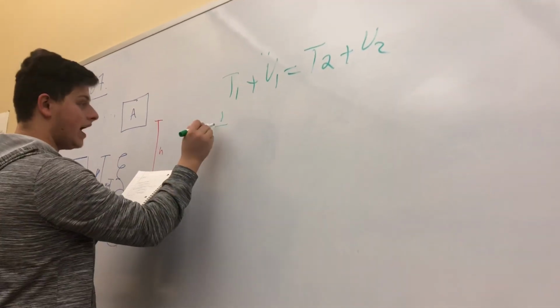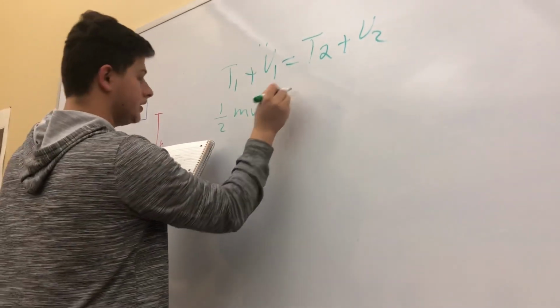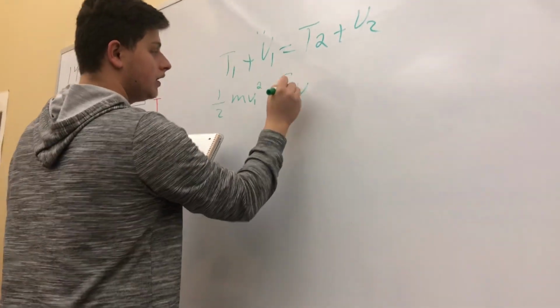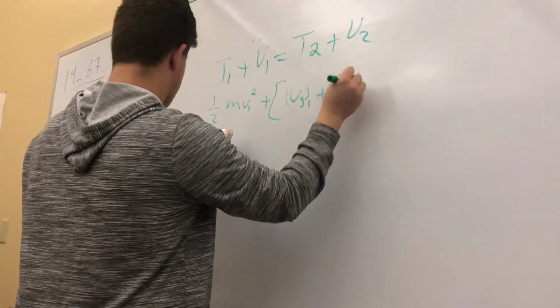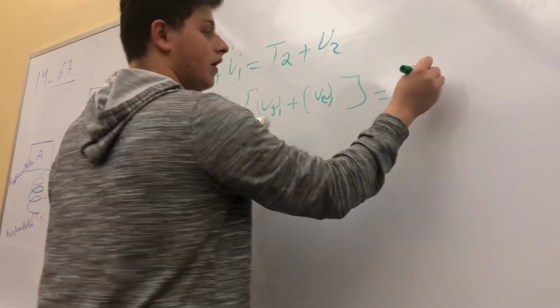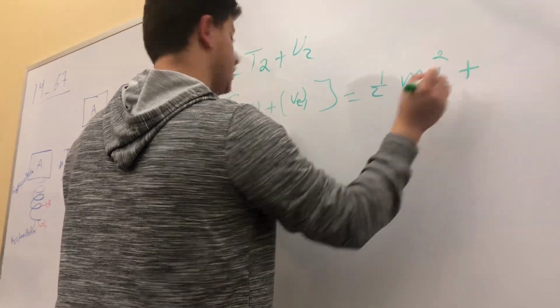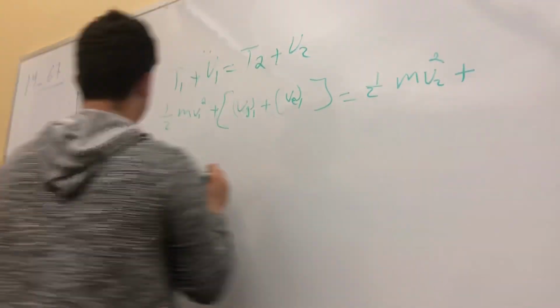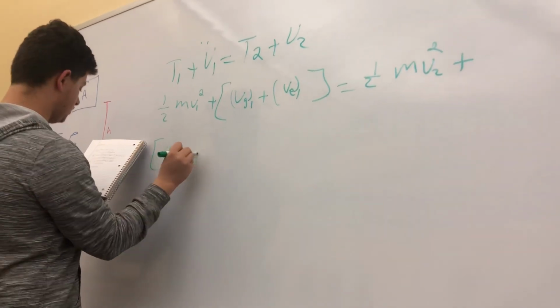We have half of m v1 squared plus V gravity 1 plus V elastic 1 is equal to 1/2 of m v2 squared plus V2.